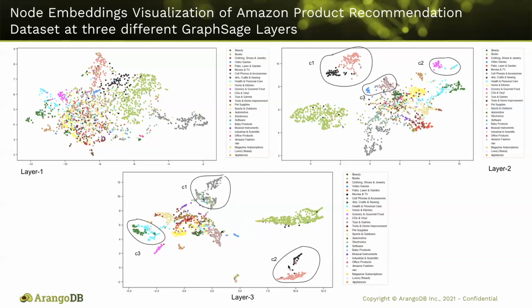Then there is cluster 2, movies and TVs versus CDs and vinyl, which is the same as in layer 2. And then we have the third cluster, beauty versus health and personal care. Which implies from these embeddings that the distance between these data points means there is a highly likely chance that these two products are bought together.